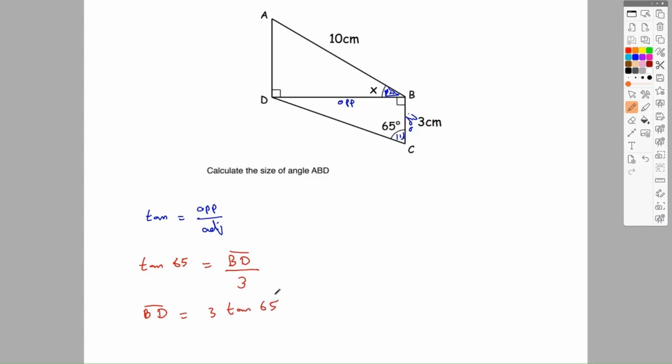Now let's use our calculator. 3 times tan 65 equals 6.4335. I will just leave it like this, but I will use the same number in the calculator to have accurate answers.